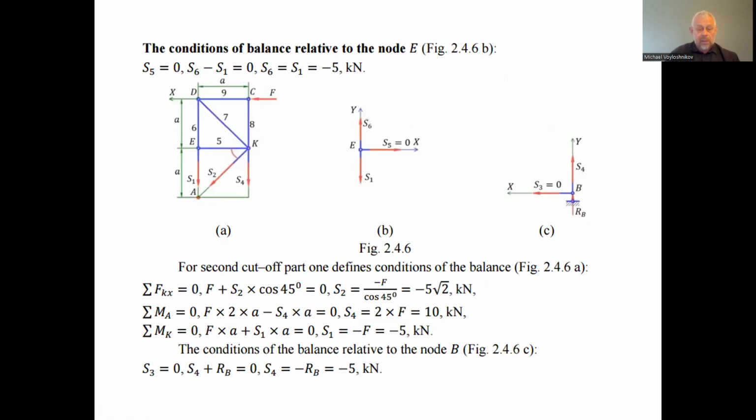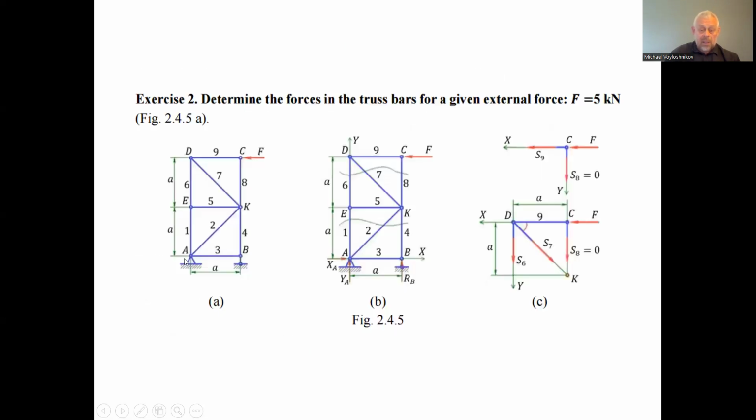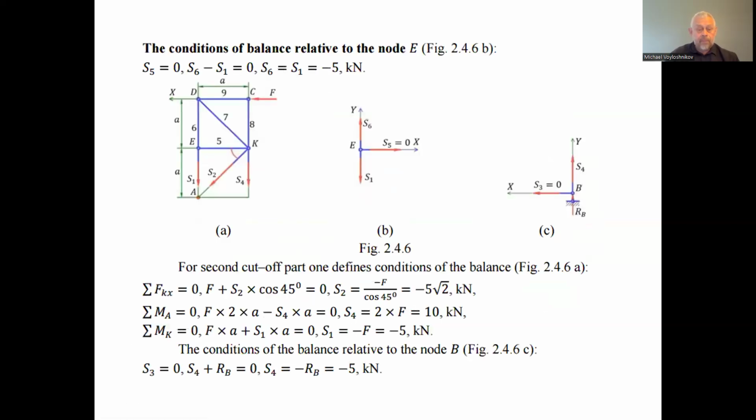After that, we can consider the second section, which we had here in the lower part of the assigned truss. We have the force in the 5 rod equal to 0. The force in the 6 rod is minus 5, the same as the force in the first rod.